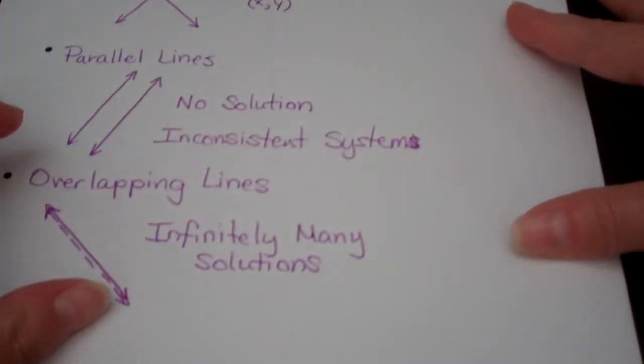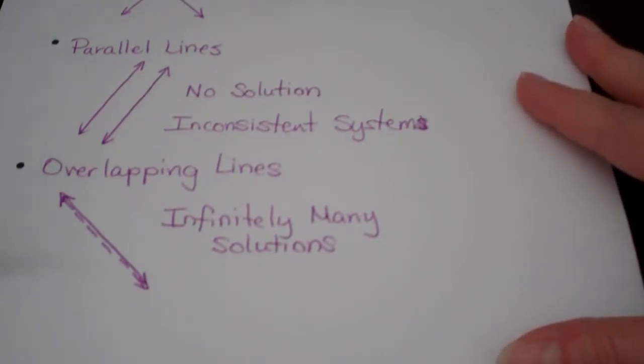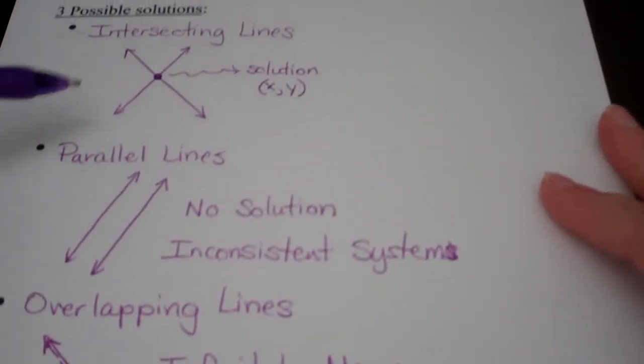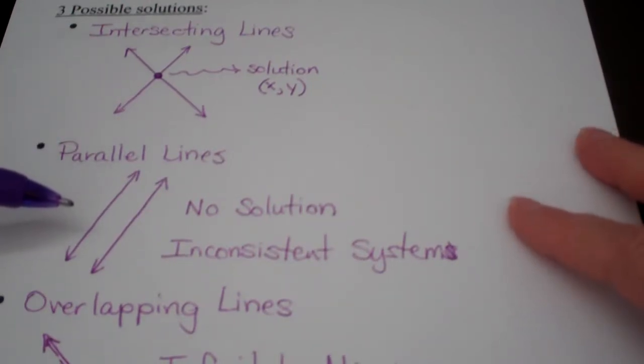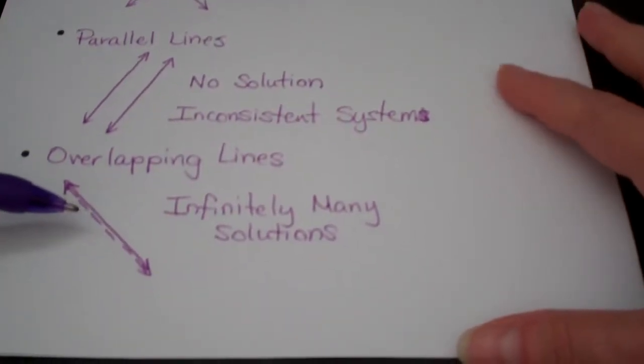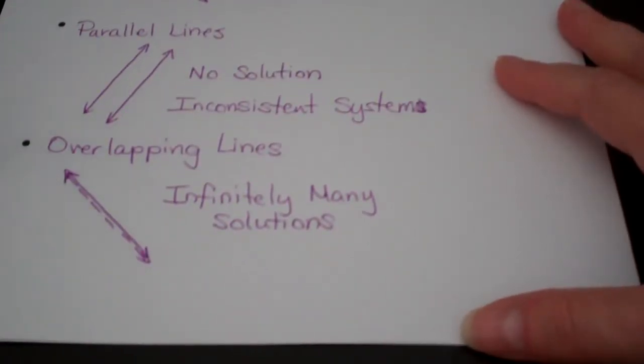Okay, and then the other terminology you might see: if the lines that we draw for each equation are separate lines, like these first two scenarios, then we say that the equations are independent. Each equation represents a different line. But if the two equations happen to represent the same line, we say that they are dependent.